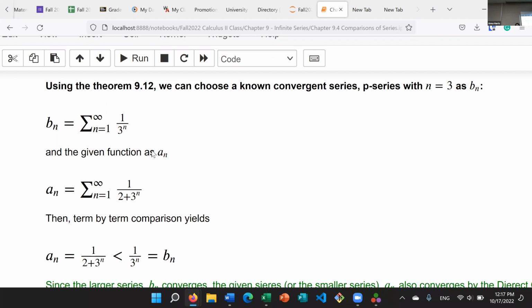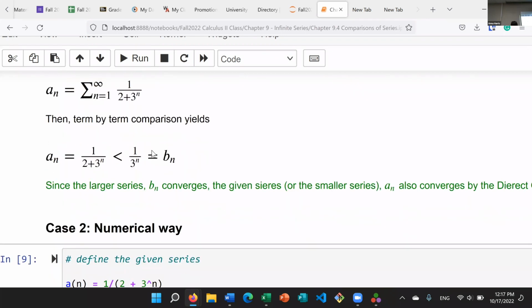Now let's use the theorem. A sub n is 1 over 2 plus 3n, and B sub n is 1 over 3n. We know this converges. What can you say about this one then? It converges.